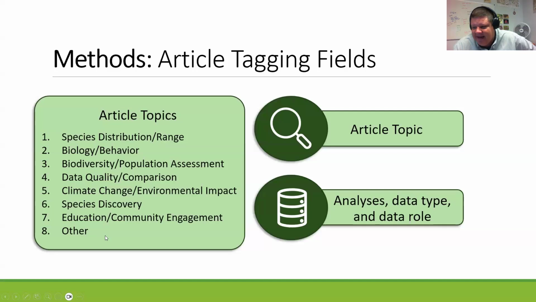And so we whittled it down to 8. Species distribution and range dynamics, biology and behavior, biodiversity, meaning community ecology with multiple species at the same time, climate change, species discovery, that's new species described to science or rediscovery of a species that hasn't been seen in a long time, and then education and community engagement.